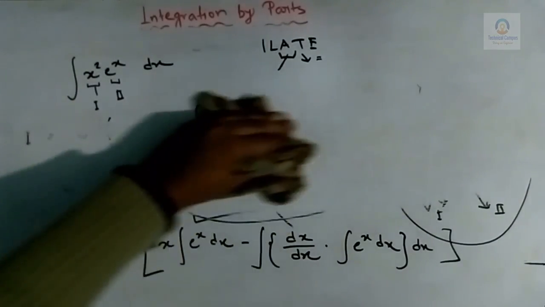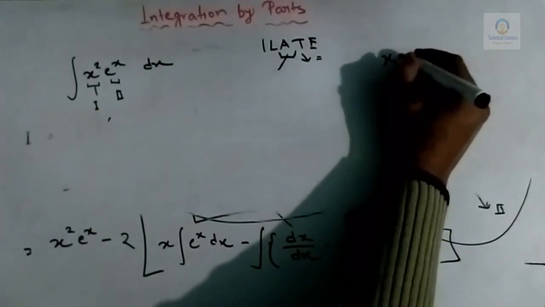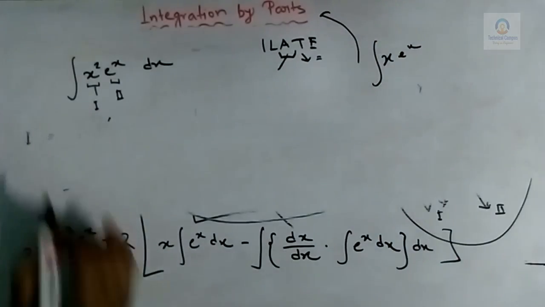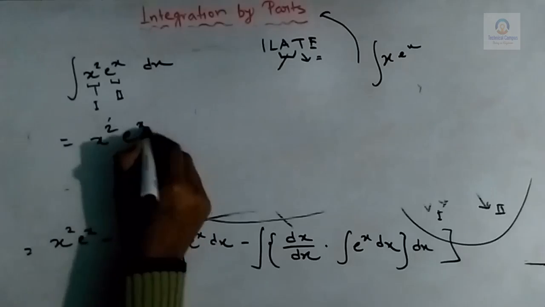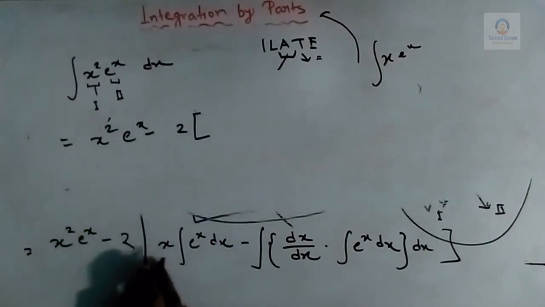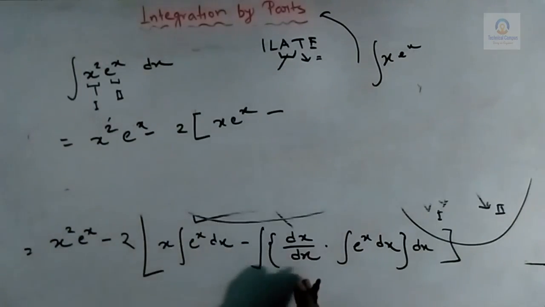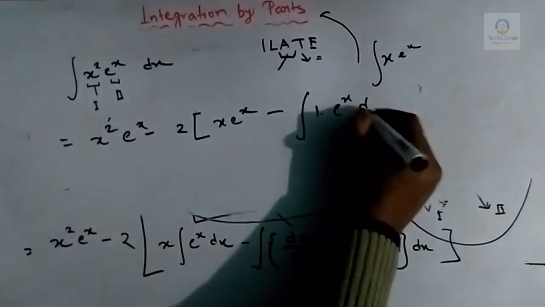Whenever while integrating you get an integration of a product, we have to apply the formula of integration by parts. So it will be x square e to the power x minus 2 into x e^x minus the integration of 1 into e to the power x dx.